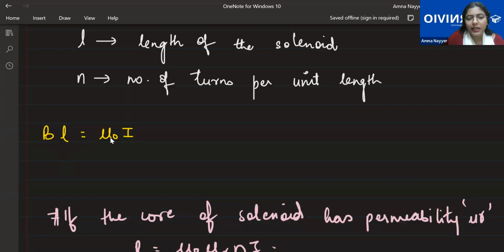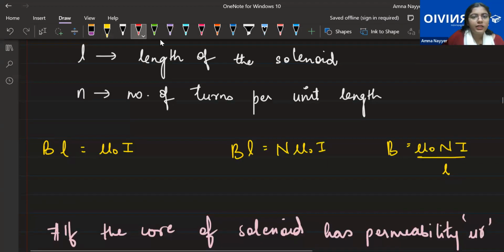Now look, BL is just for a single turn. If I have N number of turns, I can say BL is equal to N times mu naught I. So from here, I can say B is equal to mu naught N I by L. Now this number of turns per unit length has a variable small n.